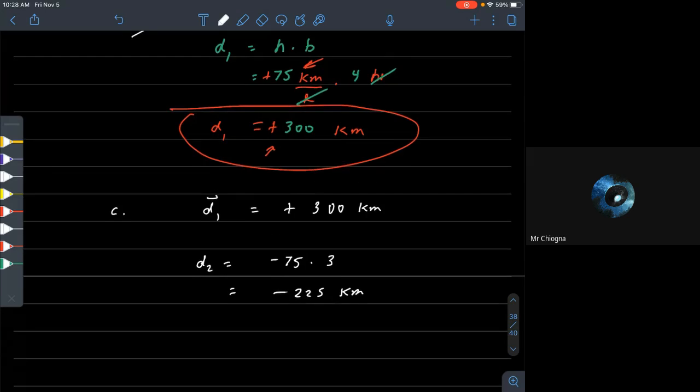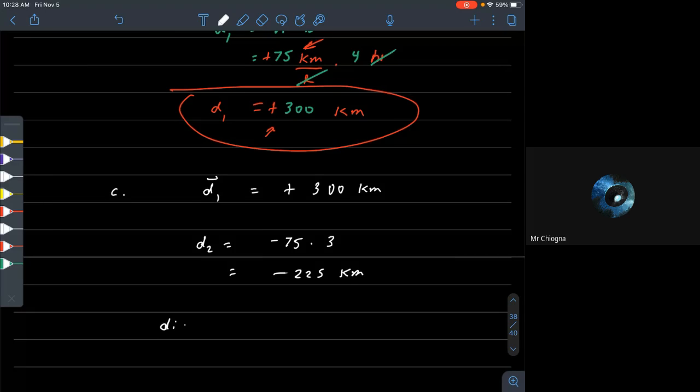Okay. How do you find the distance, the total distance? It equals the displacement, the total displacement. That's how you use the graph.